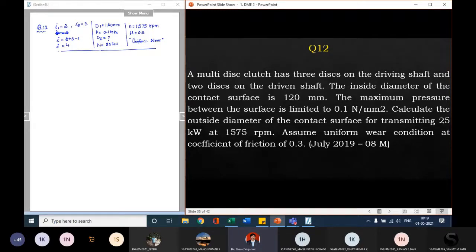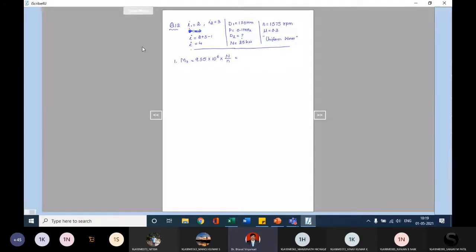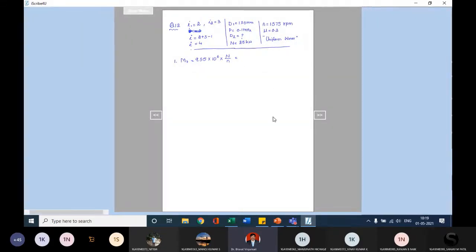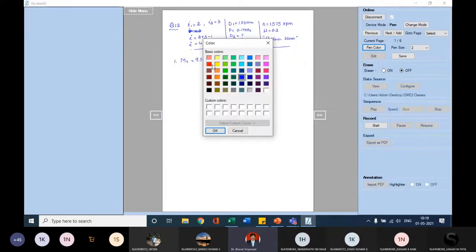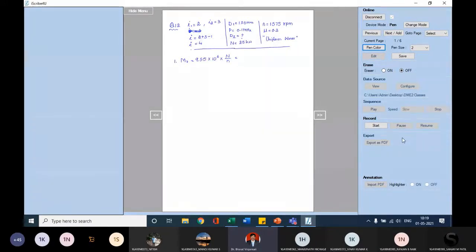Now how do we start this? Start as usual with the torque first. MT is equal to 9.55 into 10 power of 6 multiplied by capital N by small n. Substitute back the values and tell me the answer.